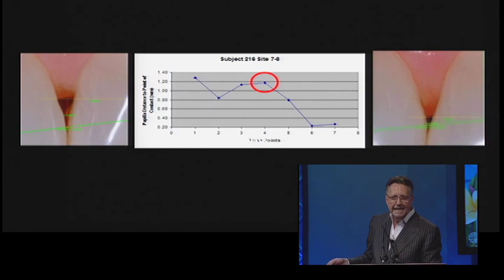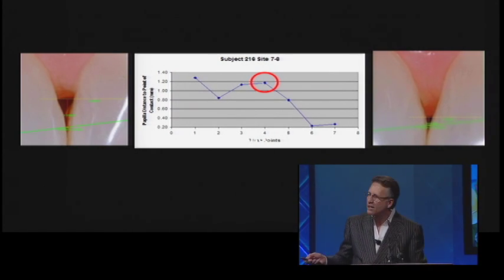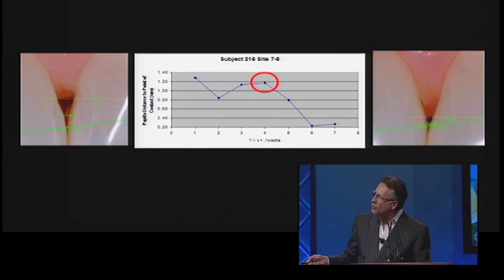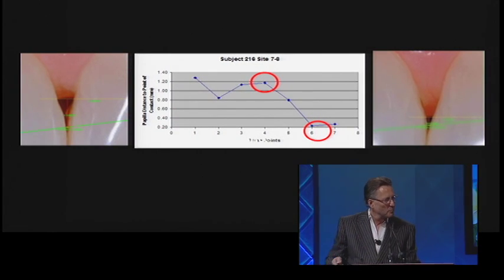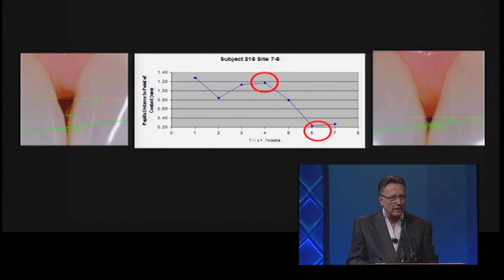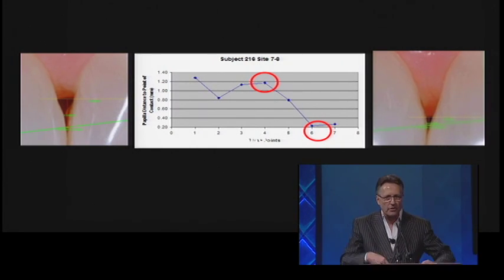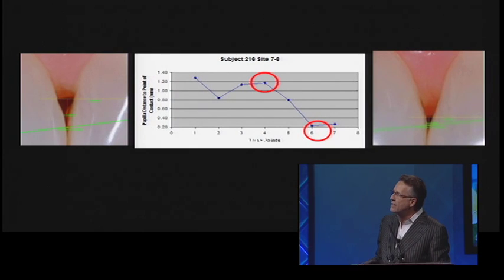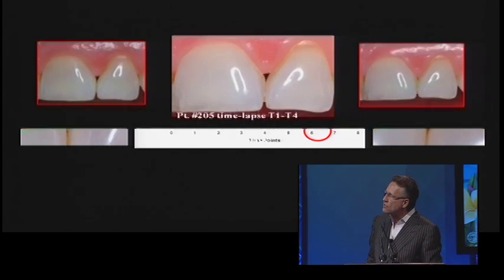Now, if we were just injecting a filler, this is all you're going to get, right? But look, even though we didn't inject any more, the open interproximal space closed. How's that possible? It's possible because those fibroblasts are taking up their natural structure in the dermis. They're producing collagen. They're thickening the dermis and maintaining the result over time.